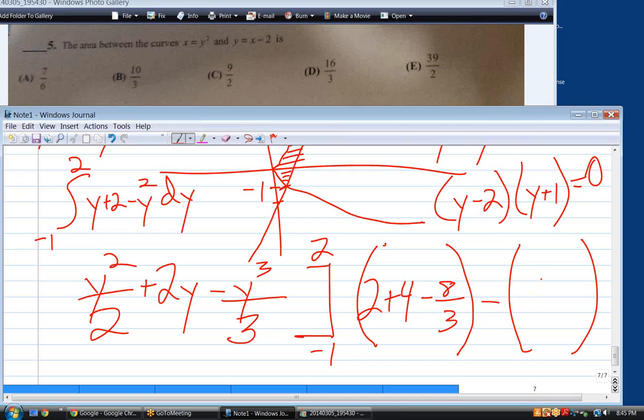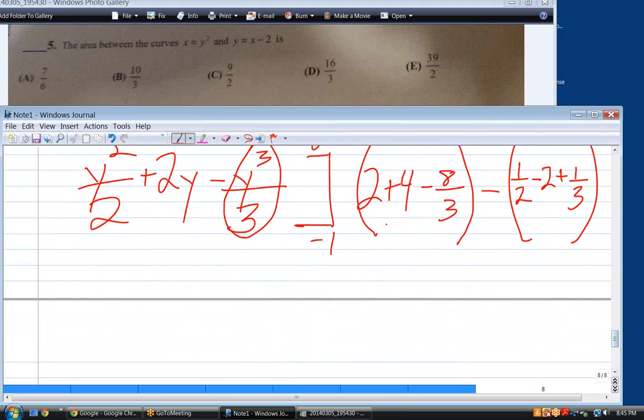This side we got 1/2 minus 2 plus 1/3. When we plug in minus 1, this stays minus 1/3. Minus a minus becomes a plus. So what do we have now? We have 6 minus 8/3. So that's 18/3 minus 8/3, which is 10/3.